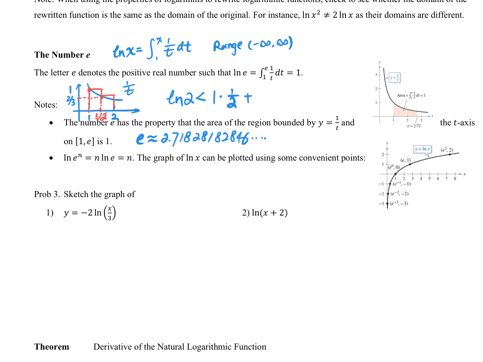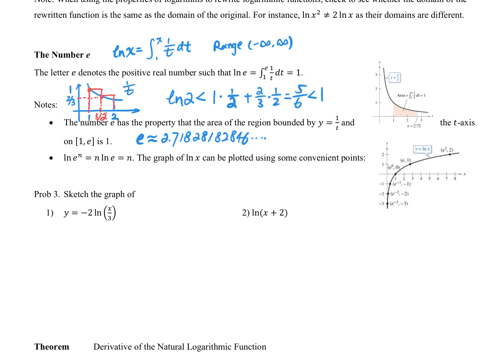And the second one is the height 2/3 times 1/2, which is 1/3. So 1/2 plus 1/3 is 5/6, which is less than 1. So ln2 is definitely less than 1. So it's not 1 yet. Therefore e has to be further to the right, because ln e has to be 1.